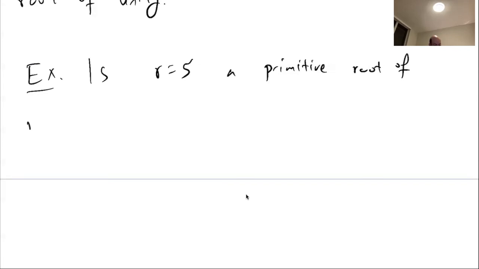So let's look at an example. Is r equals 5 a primitive root of unity in Z11? Or is it r equals 3?